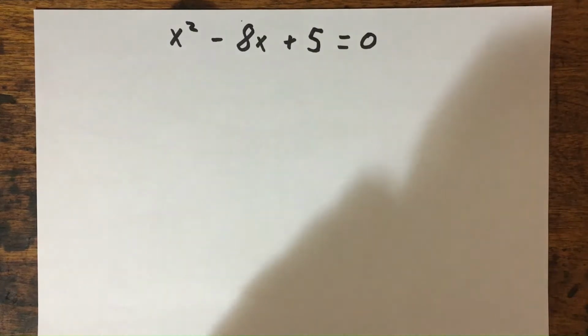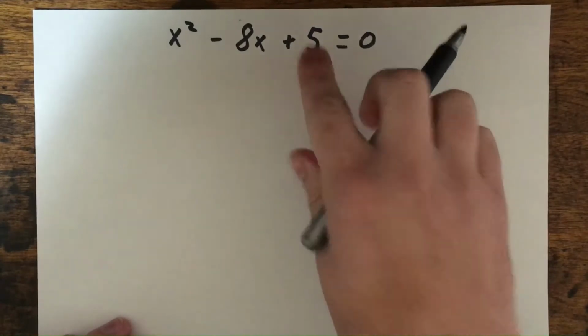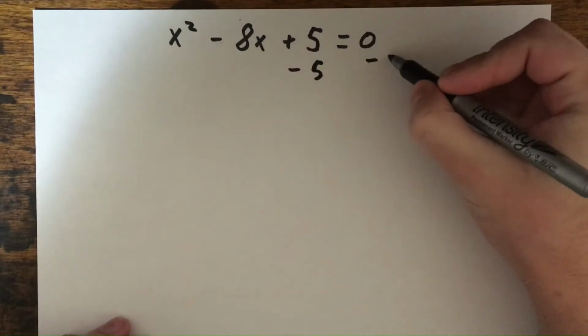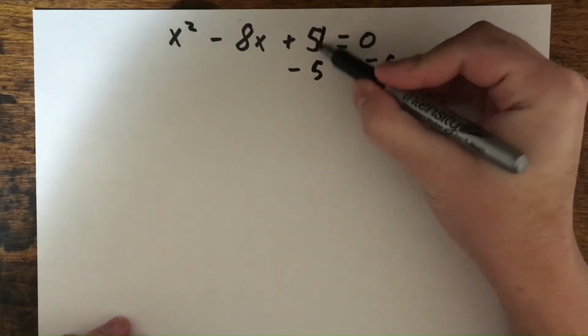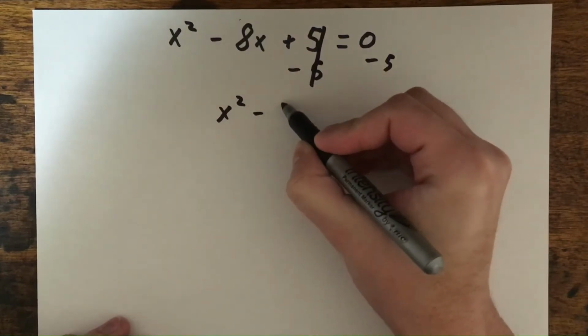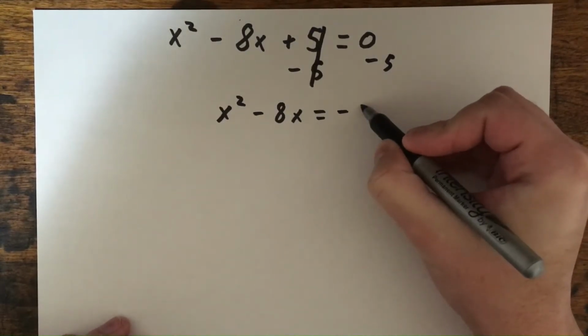The first thing I like to do is clean this up by taking this 5 and moving it to the other side by subtracting 5. That allows us to cancel out here, and we can rewrite this as x squared minus 8x equals negative 5.